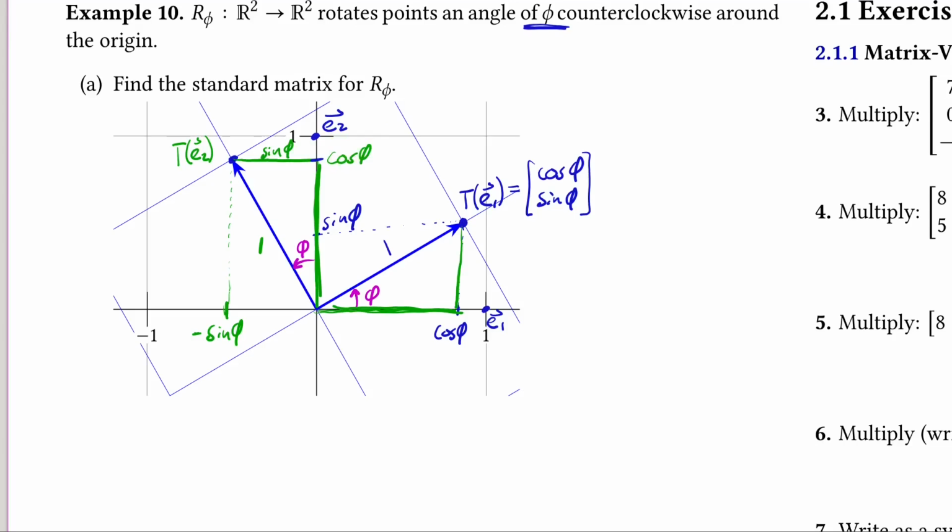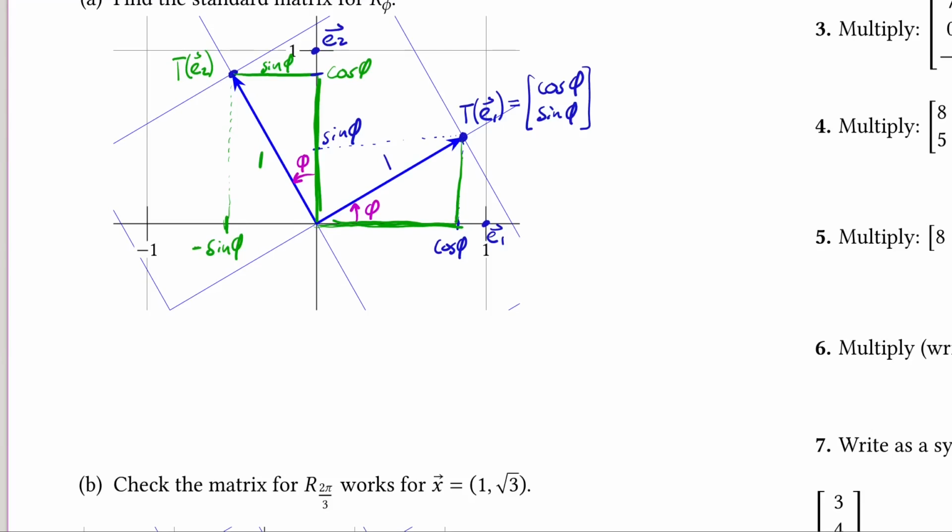And that basically works. It's a little bit sloppy because I'm assuming that the angle phi here is in quadrant 1 in order to say that T of E2 is going to be in quadrant 2 with negative numbers, and this picture might not look the same way if phi was something like 400,000,002 degrees.